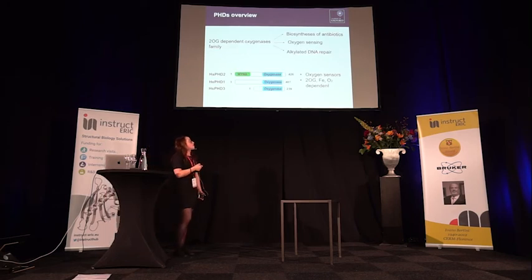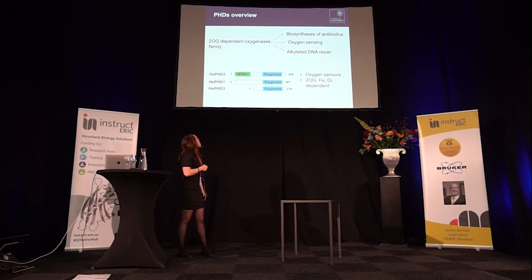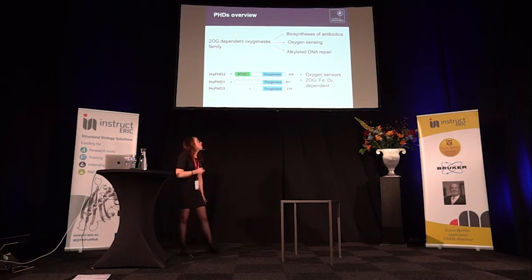They are all oxygen sensors, 2OG-dependent, oxygen-dependent, and iron-dependent. The oxygenase domain is fairly conserved amongst these enzymes. What changes is that they are differently expressed in different tissues. And today I'm going to be talking mainly about PHD2, which is considered the most important human oxygen sensor.